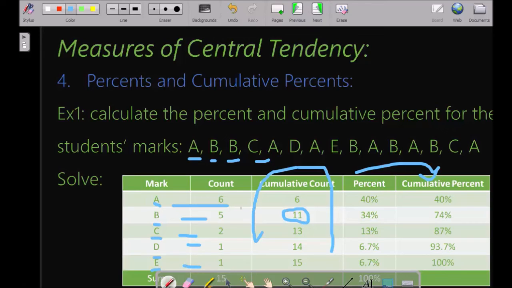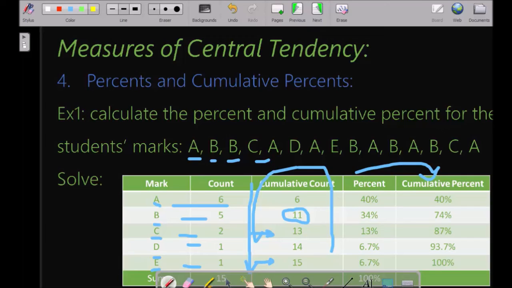Why? Because it's the number of A's and B's. It's cumulative. It's accumulating all these values from top to bottom. So we have 6 A's, 5 B's, so we have here 11. 2 C's, so we get 13. 1 D, 14. 1 E, 15. You see.